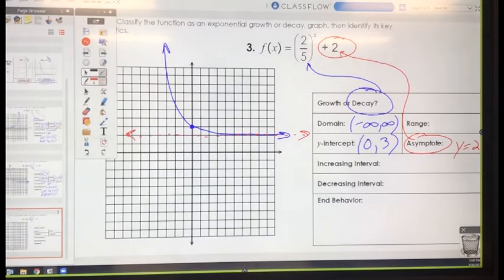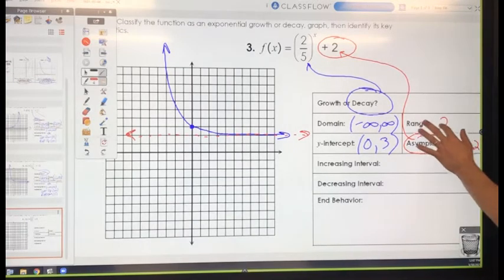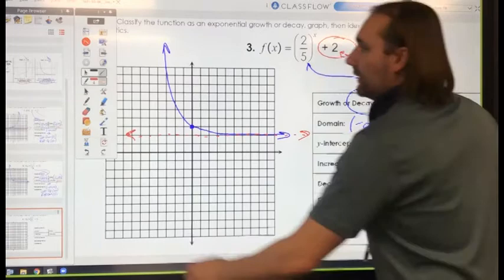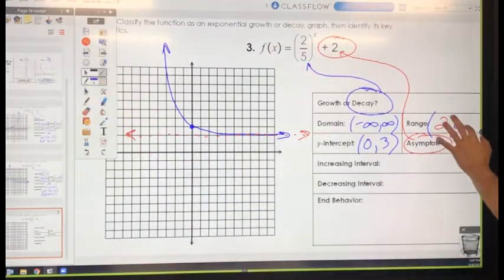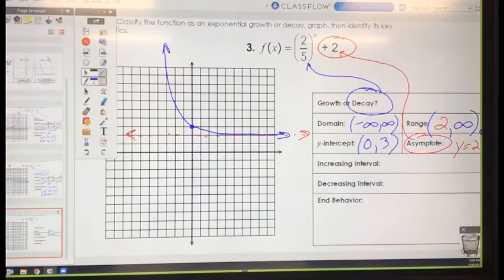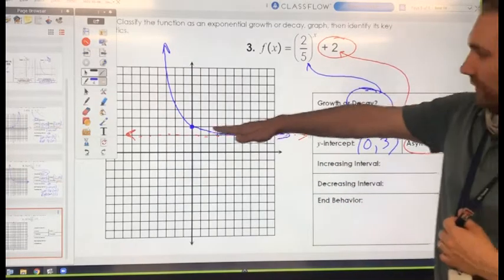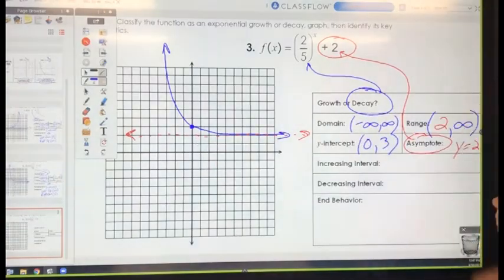Which makes my range what? I'm going from where to where? From 2 to infinity. Very good. Because I got no values below 2, not even 1 or 0.